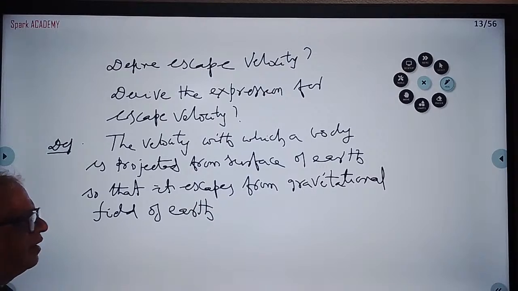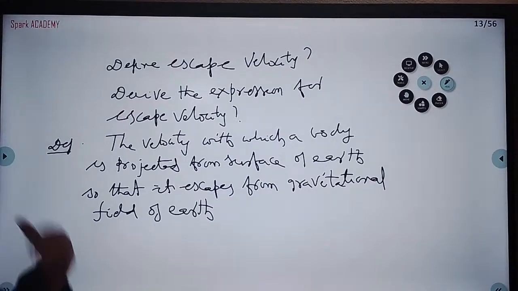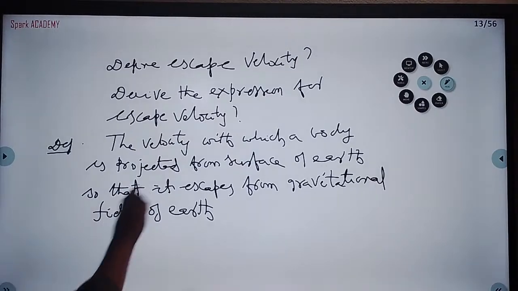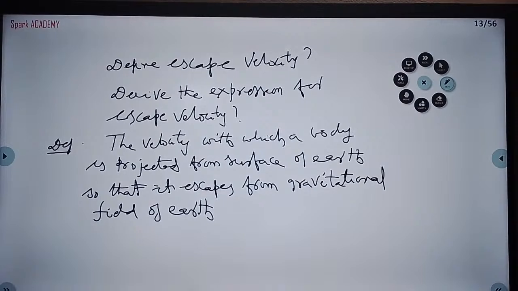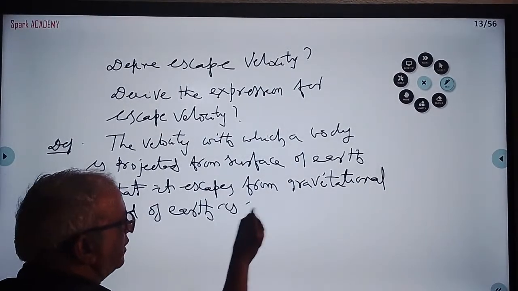So it is escaping, it is not coming down. Let us say you project a rocket anywhere. For example, in Diwali time also, it comes back in any house. But this velocity with which a body is projected from the surface of the earth, so that it escapes from the gravitational field of the earth, is called escape velocity.